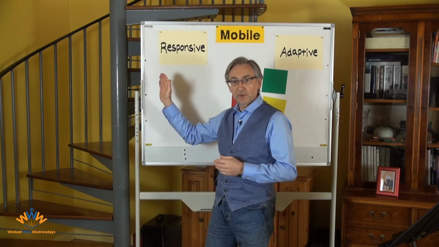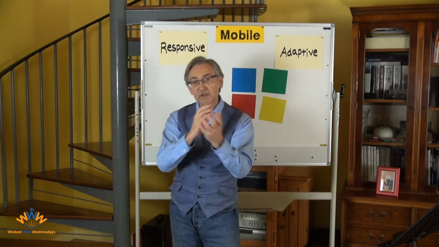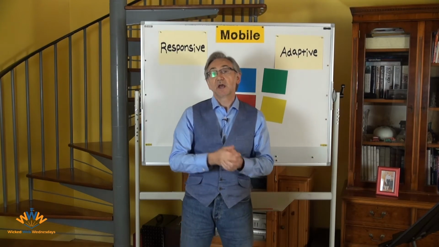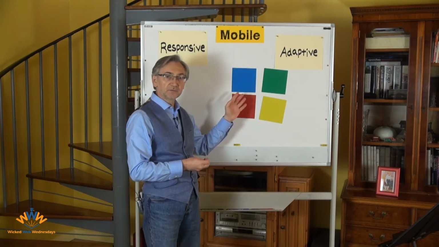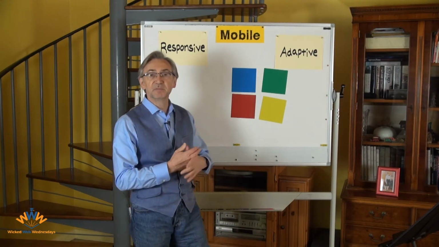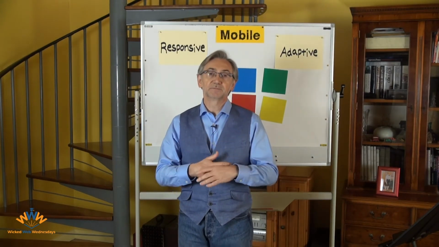A responsive website loads the same site, the same blocks of information get sent across, and they're rearranged on the device in a manner that makes it easy for the user to interpret. But an adaptive website is something different. An adaptive website has the ability to load up a different screen.